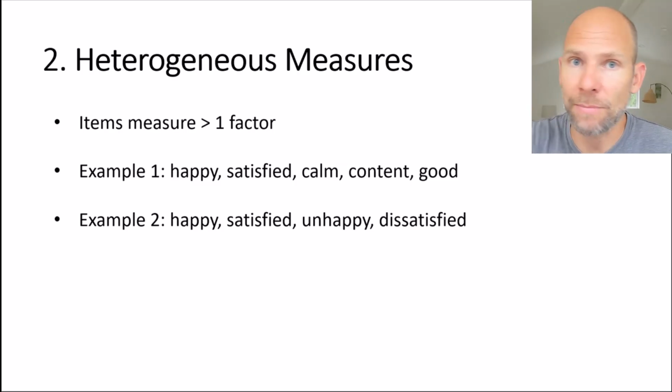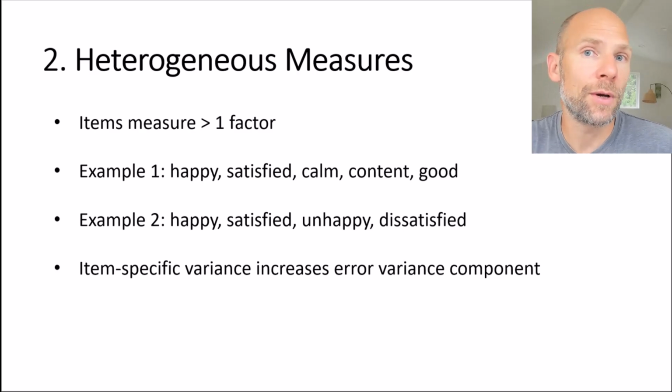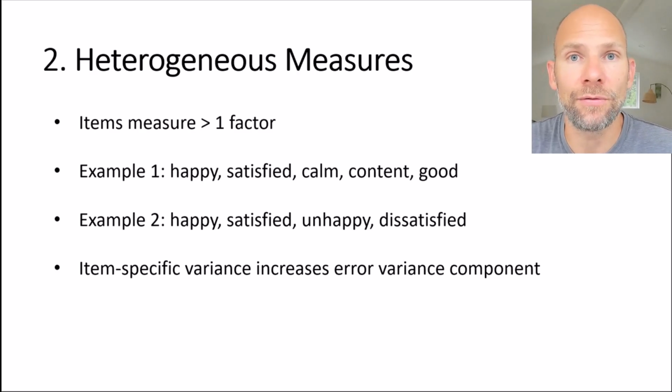The two factors may not be terribly highly correlated. And so as a result, this can again increase item-specific variance, which is confounded with error variance in unidimensional measurement models of classical test theory. So your error variance component gets inflated and you're underestimating reliability when you assume a unidimensional reliability coefficient for multidimensional measures.